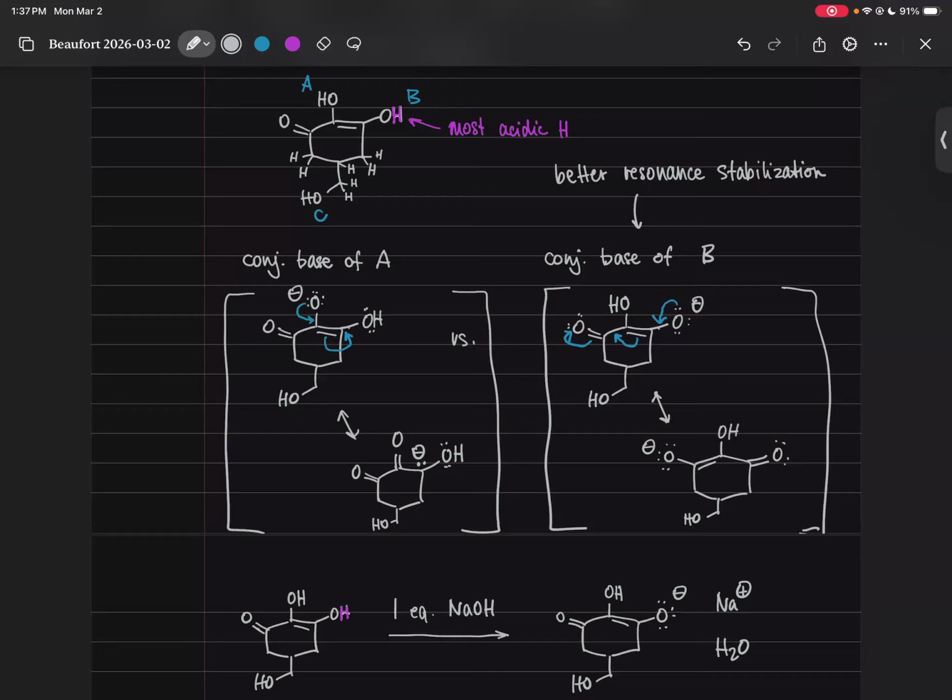I will not put that on the exam. But hopefully here you can see how the resonance structures and the acidity kind of go hand in hand.